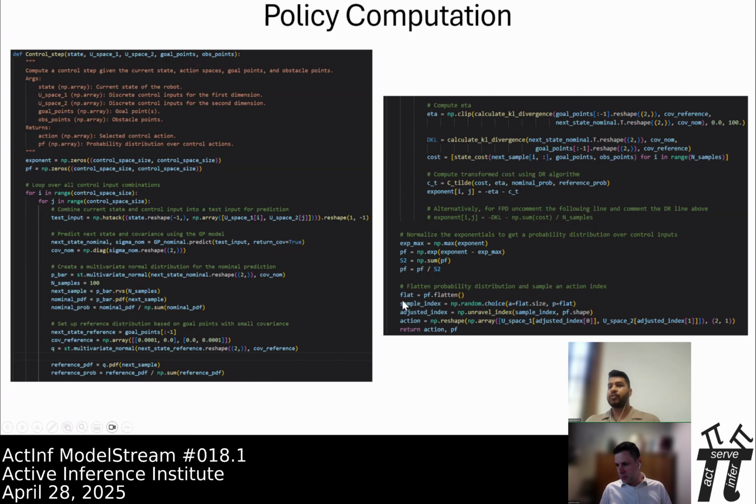Because here we are using a for loop, if the action space is very large, it will for sure have a very high computational overhead. But I think you can resolve it by parallelizing these for loops.